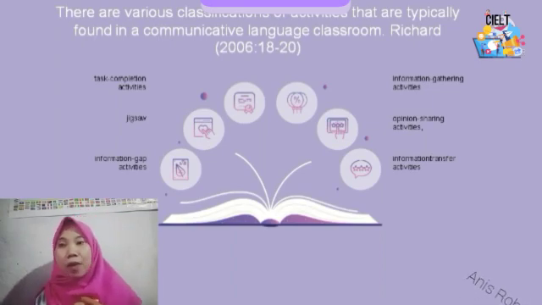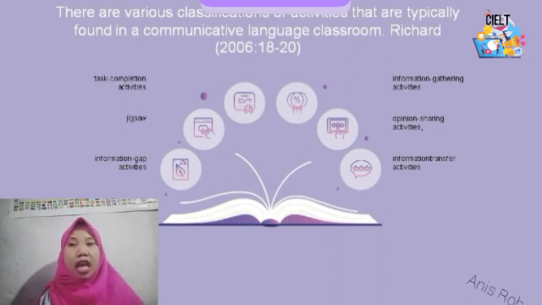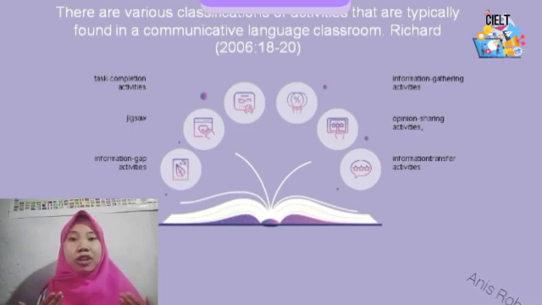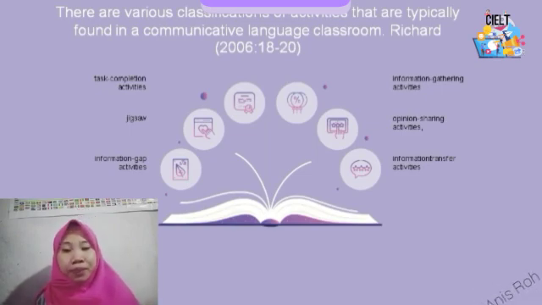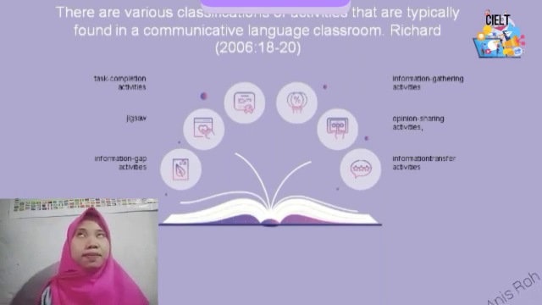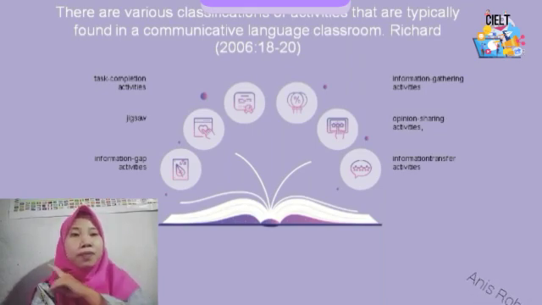Number 1 is task completion activities and jigsaw, information gap activities, information gathering activities, opinion sharing activities, and then information transfer activities. Maybe in Indonesia, people are familiar with jigsaw, I think. Yes, jigsaw. Next.